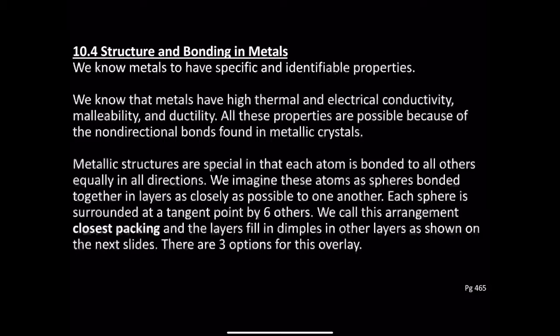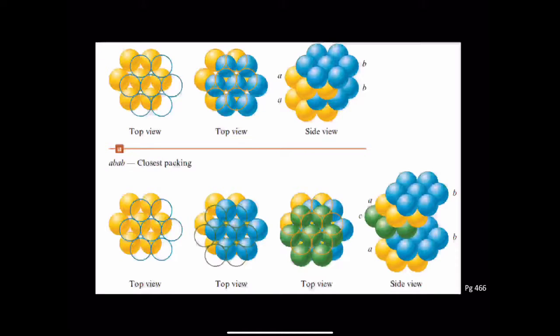And there are several different types of overlay as well. So you can see that, for example, in this top one, you have these six spheres next to each other, touching this one sphere in the center. And then those spheres kind of fill in those dimples so that this one will also be within that space for these other three spheres, and so on.